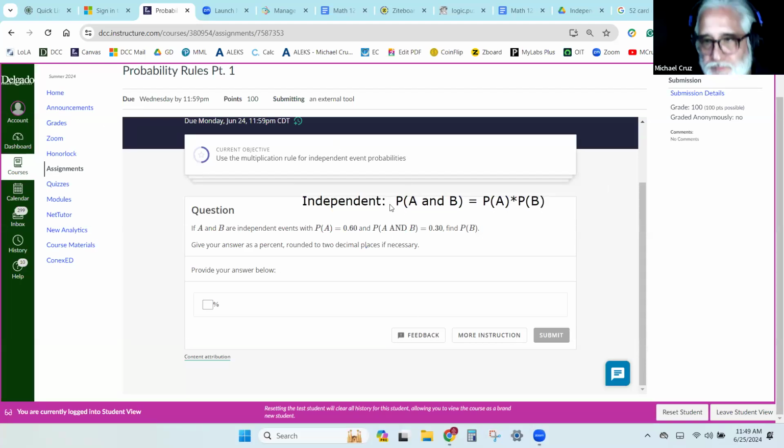Okay. So on this one, we know the probability of A and B, and we know A. All right. Now this is different. This is multiplication here, so we can't just subtract that 0.6.